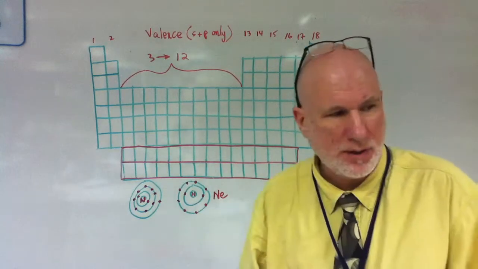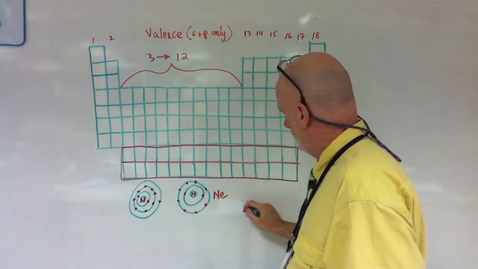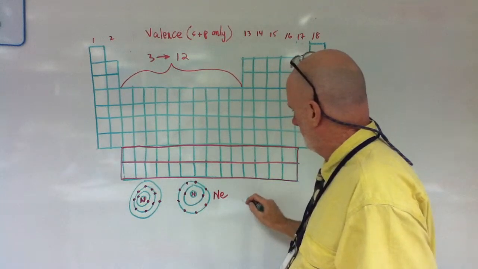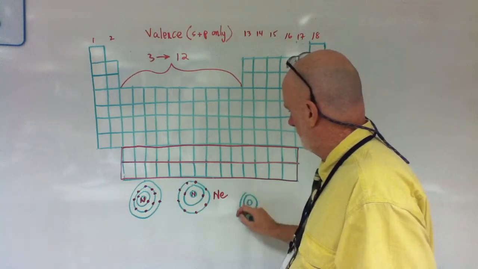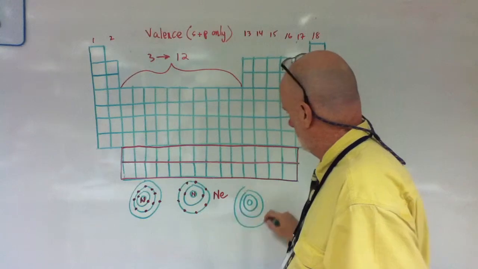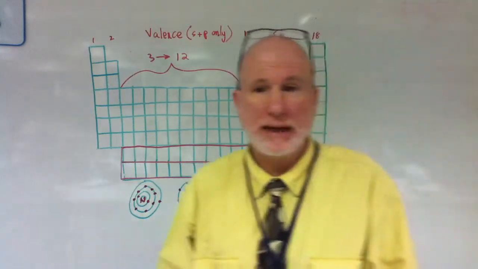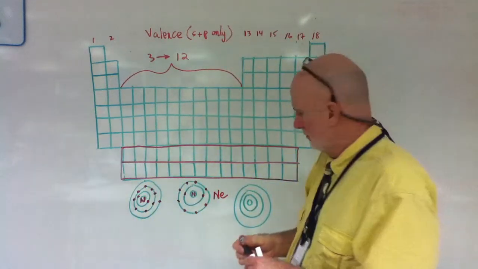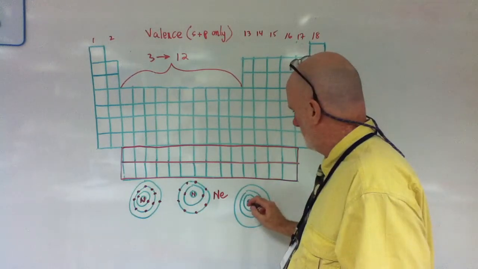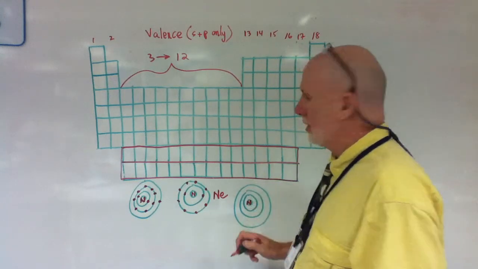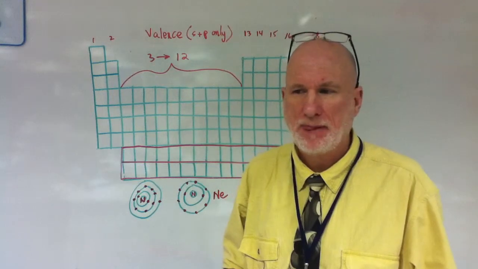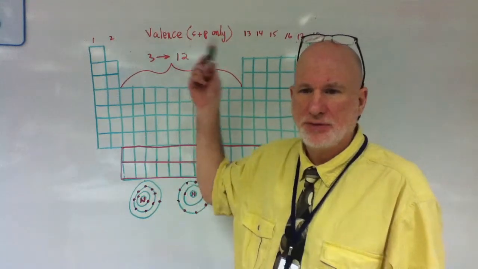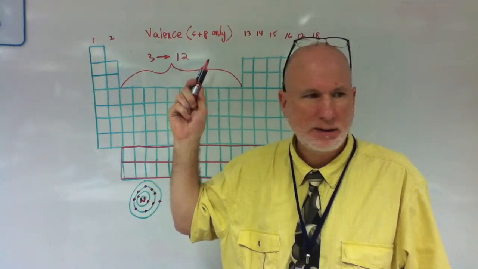Let me make another one, okay? This is chlorine, okay? Nucleus. Where's chlorine on the periodic table? What column? 1 through 18, what column? 17.